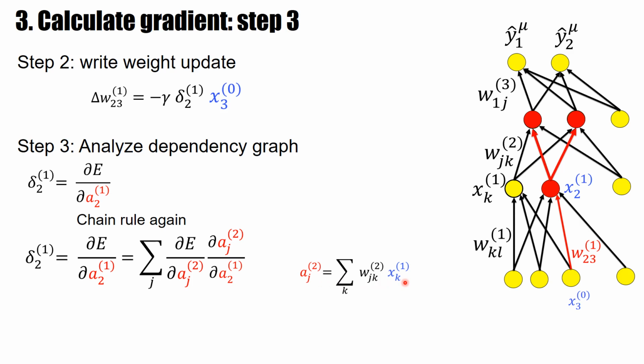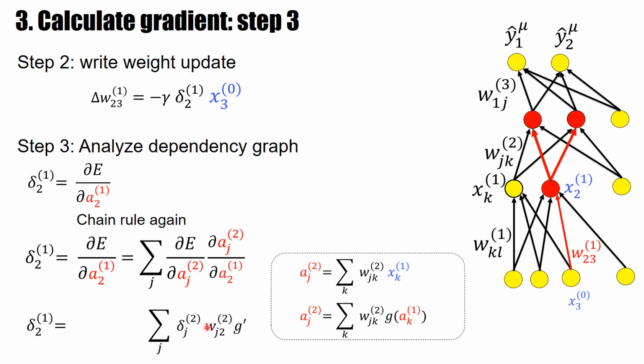So let's look at this term. A2 is this, but the output of layer 1 is in turn given by its activation. So if I take the derivative of A_j^2 with respect to A_k^1, it means that only k equals 2 survives. So this term here gives just W_j2 times g prime. And this term here is just the definition of the deltas.